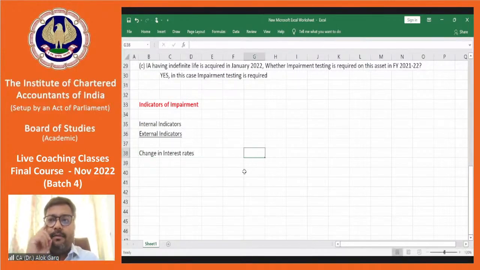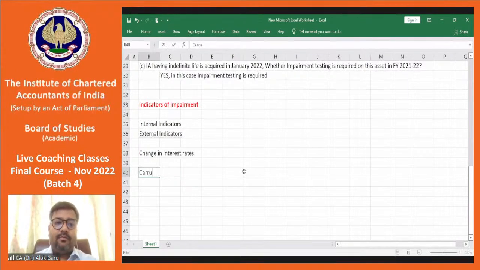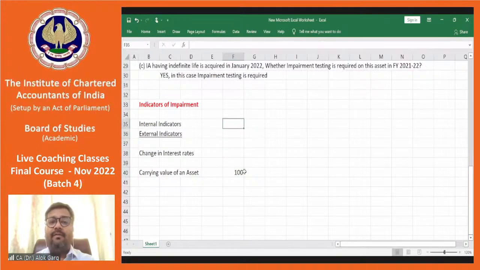So first of all, for example, the carrying value of an asset is, let's say, 100 rupees, right? Now we need to calculate the recoverable value. What is a recoverable value?